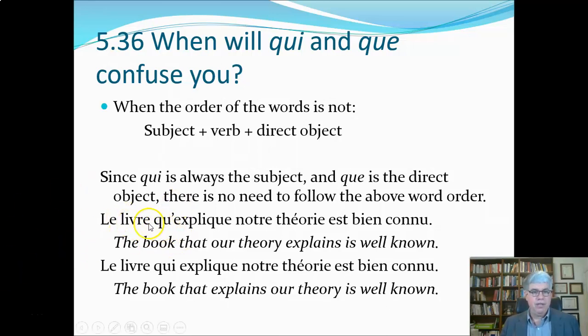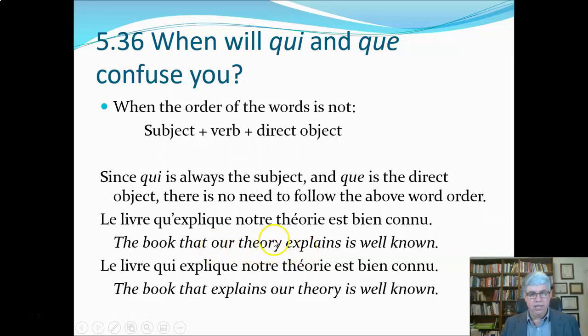The que indicates that this has to be the direct object of explain. Explique is explain. And so if the book is a direct object, what follows is the subject of the verb. Notre théorie is the subject of explains. So we would translate this as the book that our theory explains.